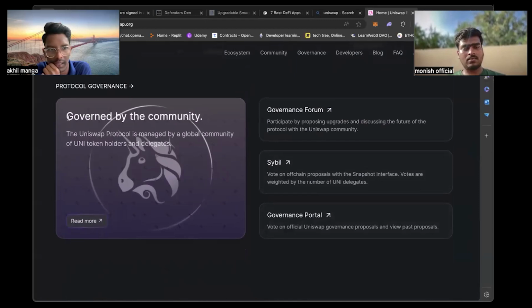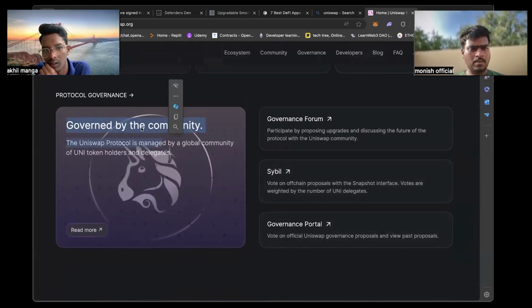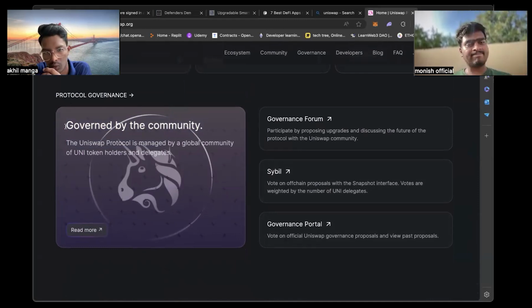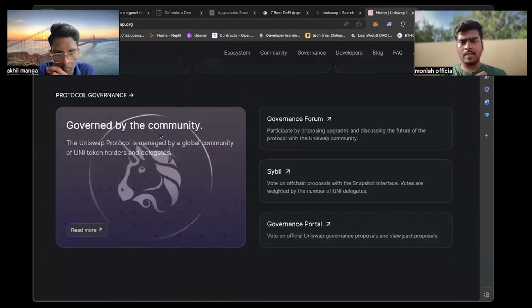See here, you can see protocol governance. It is governed by the community. No single person will govern the product; everyone will have power. You can read here, the Uniswap protocol is managed by a global community of UNI token holders and delegates.